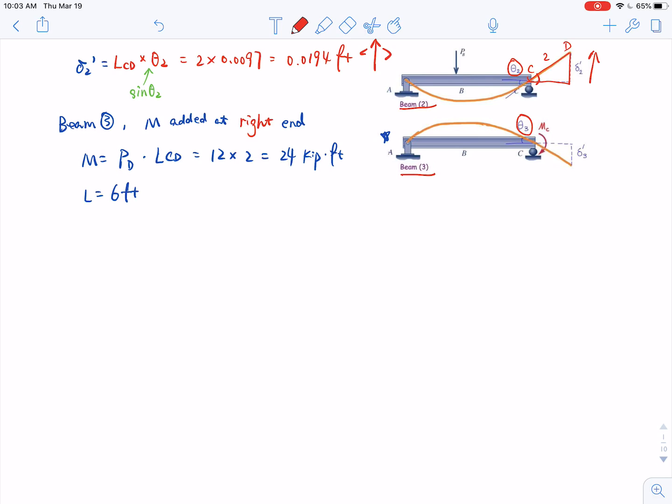So here the theta 3 in our case will be calculated as negative ML over 3 times EI.